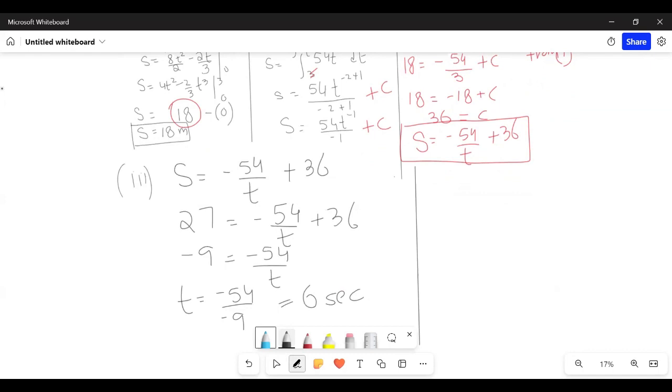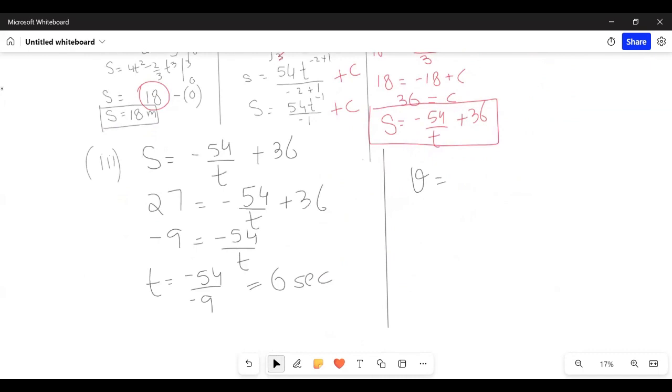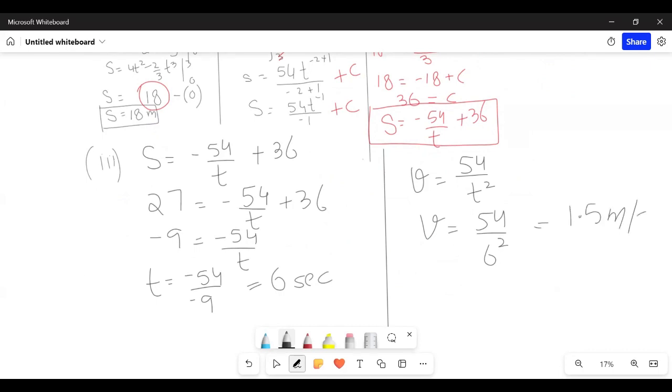Now you have to find the value of v at this time. So v हमारा था 54/t². So we're going to use v is equals to 54/6², which should be the answer. 1.5 meters per second.